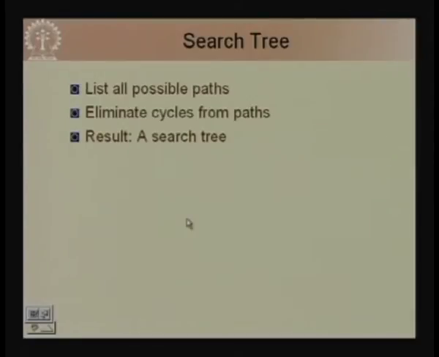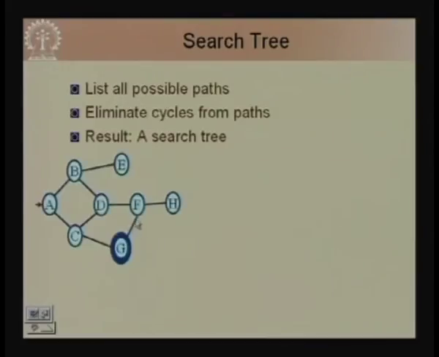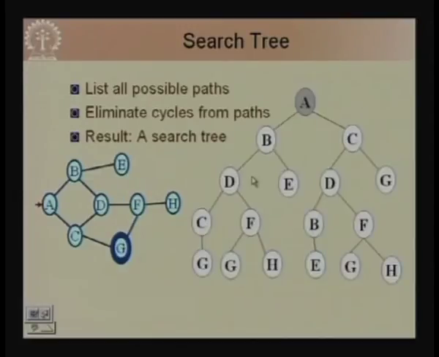Now, we will see what a search tree corresponding to a problem is and how we get the search tree. This is the state space graph. From this state space graph, we will start from the initial node and we will list all possible paths.